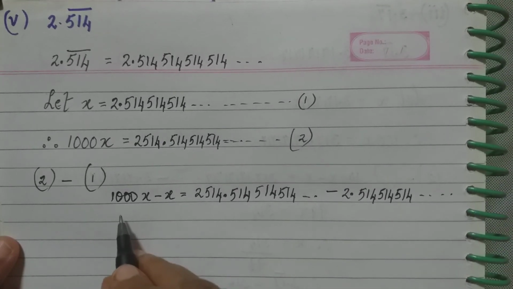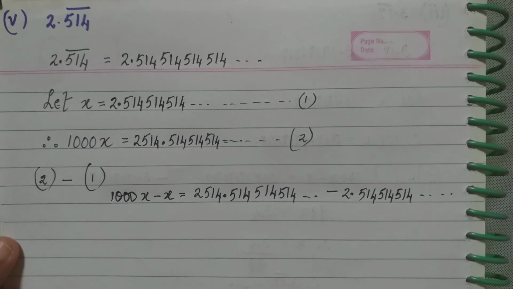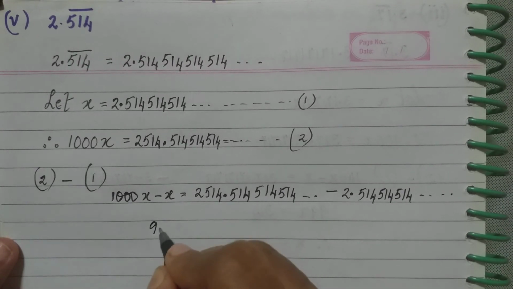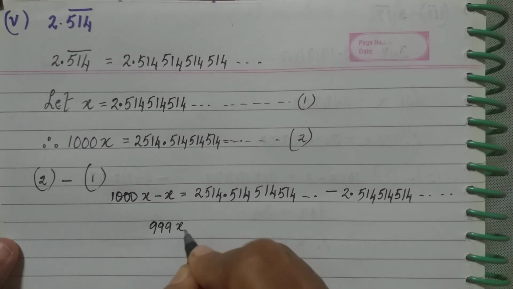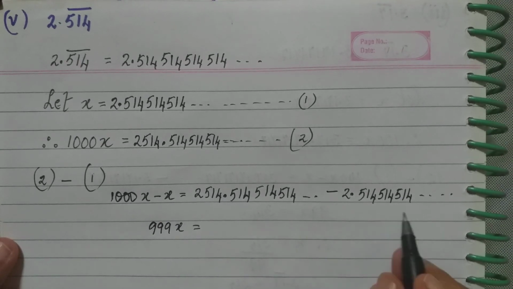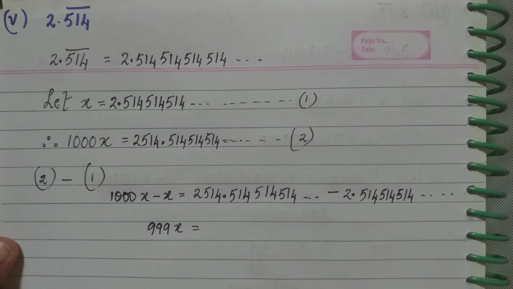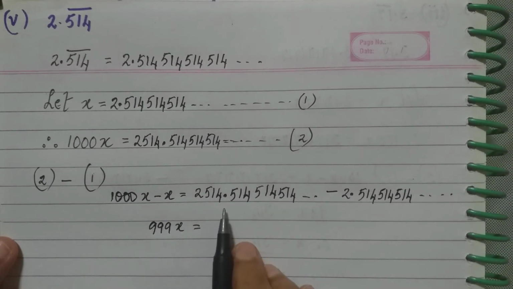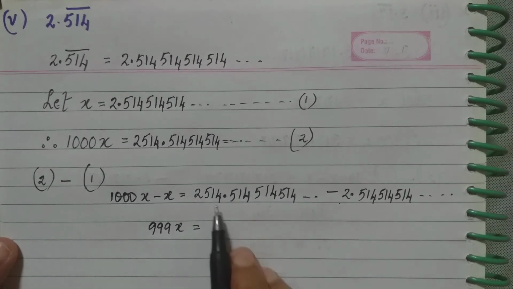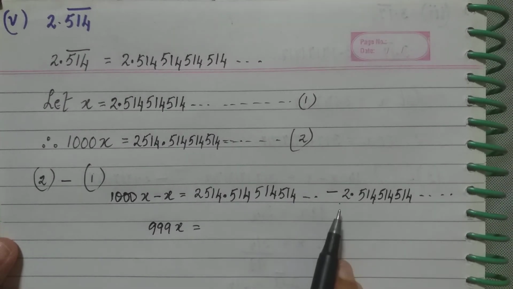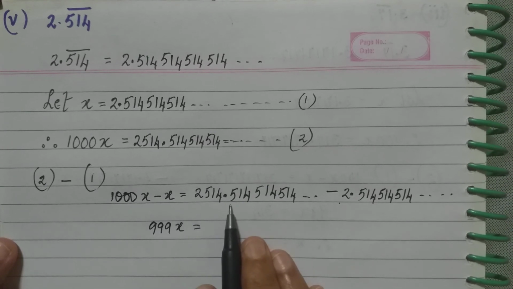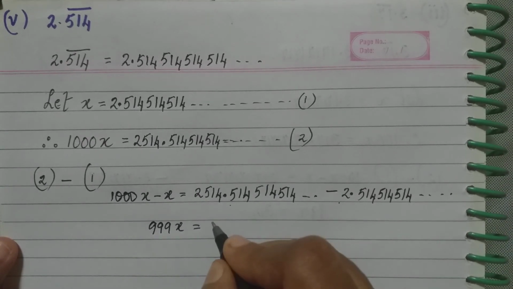Now here 1000x minus x, that is 999x. So 999x is equal to, after the decimal point the numbers are the same, so we don't have to worry about that. Just before the decimal point we have to see. So 2514 minus 2. So 14 minus 2 is 12. So 2512 it is.